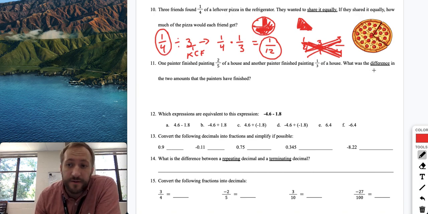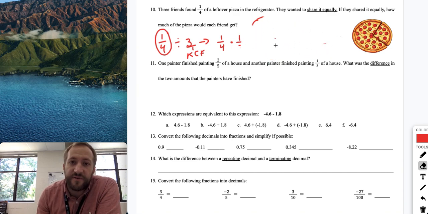If I did it the other way, let me give this an erase and show you what the other way might look like. What if instead I had 3 divided by 1/4? I would use that keep, change, flip method because there's a 1 underneath the 3 right there. This would turn into 3 over 1 times 4 over 1. I would get 12 over 1.